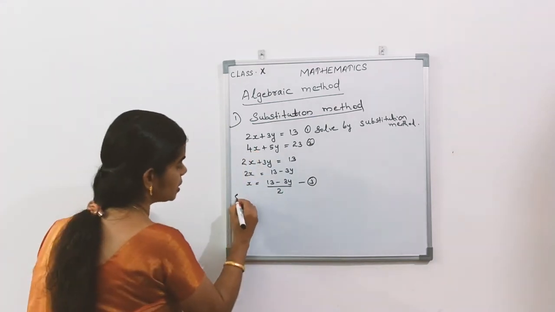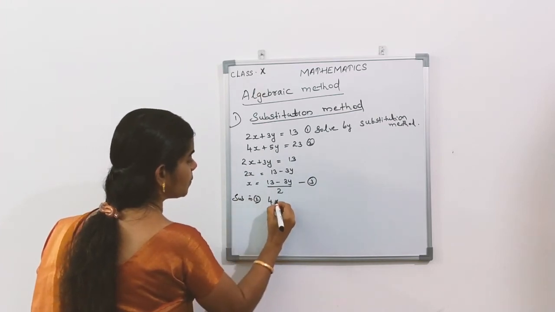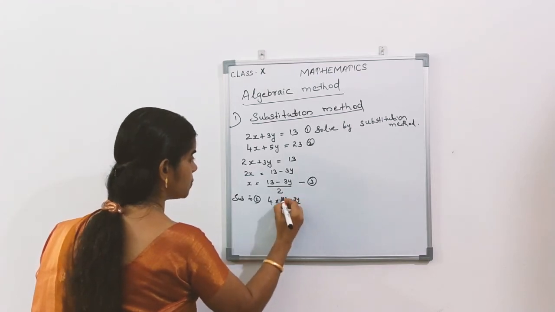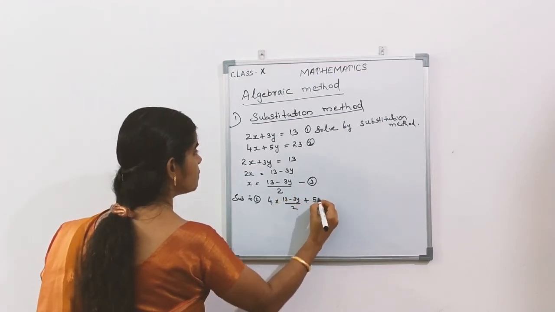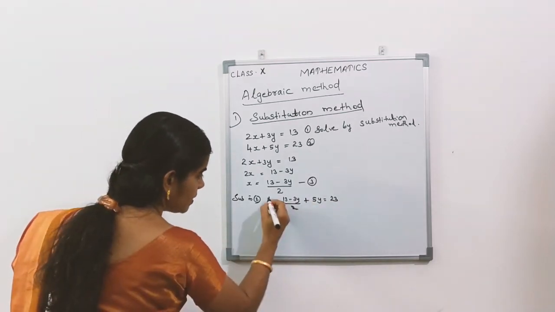Substituting in equation number 2, you will get 4 into, in the place of x you want to give 13 minus 3y by 2 plus 5y is equal to 23. Thus we can cut 2.